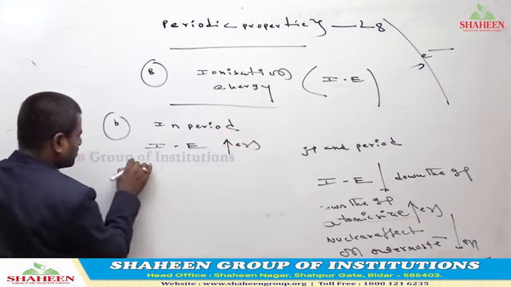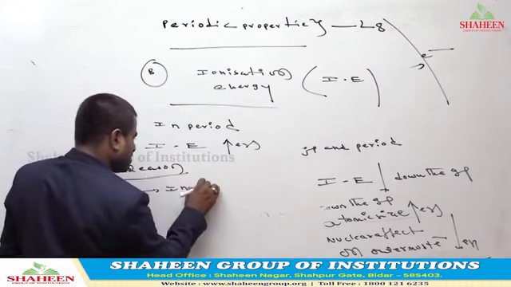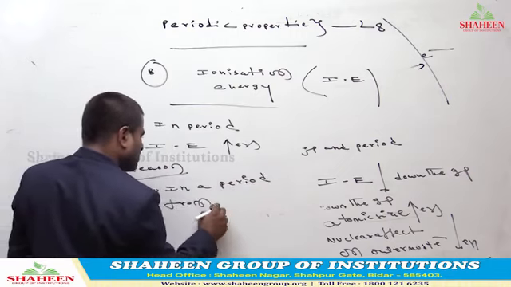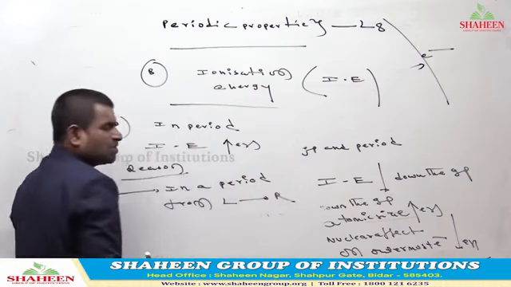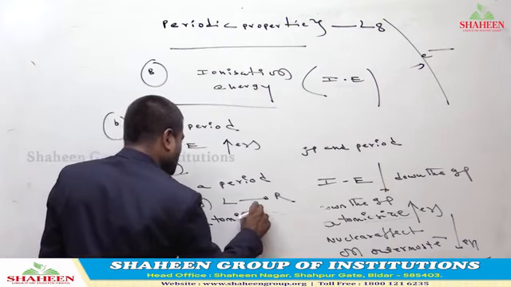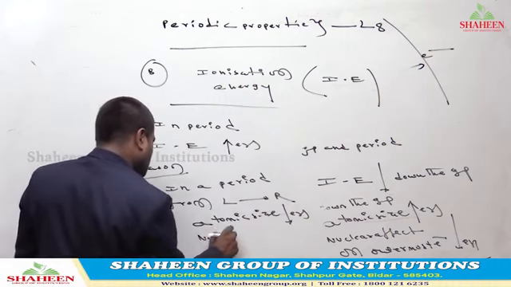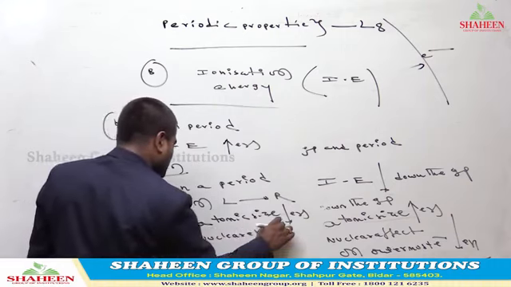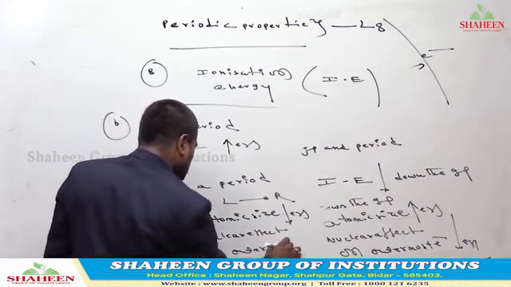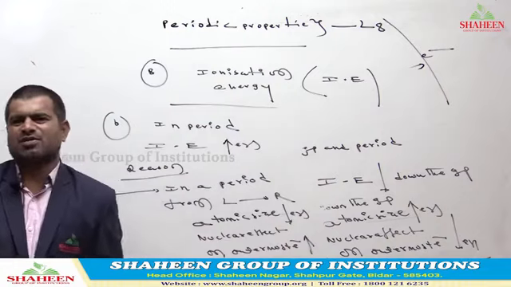The reason: in a period, from left to right, atomic size decreases and the nuclear effect on the outermost electron increases. So ionization energy increases in a period. Remember students.